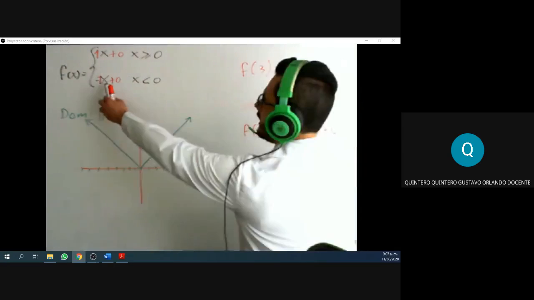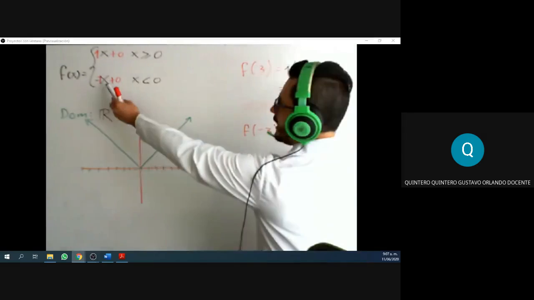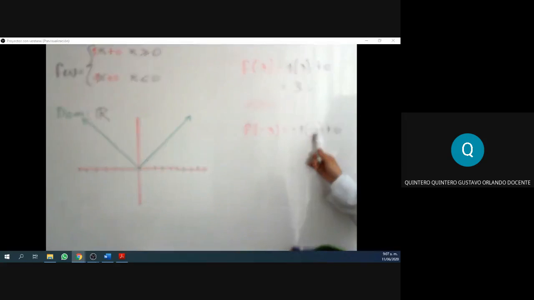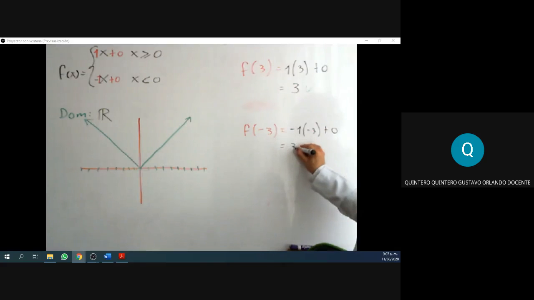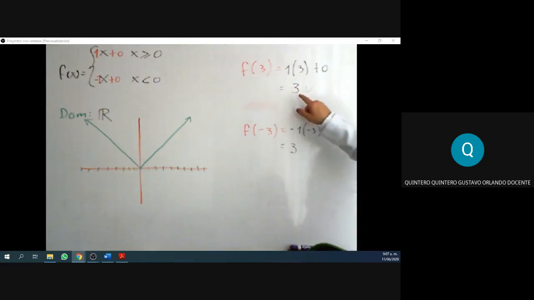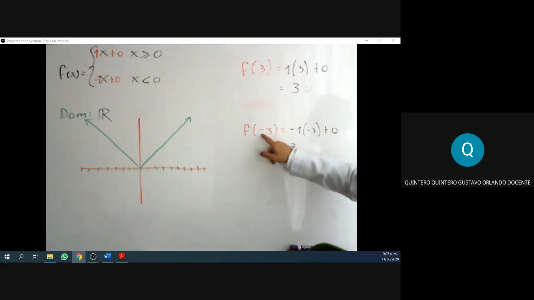Look, negative 1 times negative 3 plus 0. From here, do the calculation. So we have negative and negative, that will be positive. 1 times 3, 3, plus 0, 3. So when x equals 3, y will be 3 as well. When x equals negative 3, y will be 3 as well.